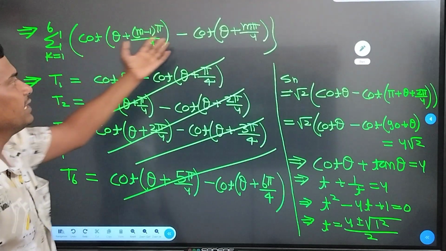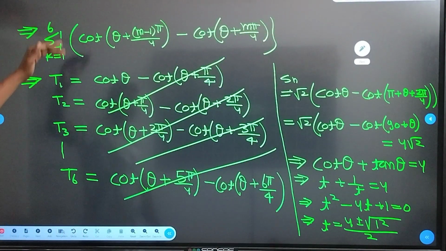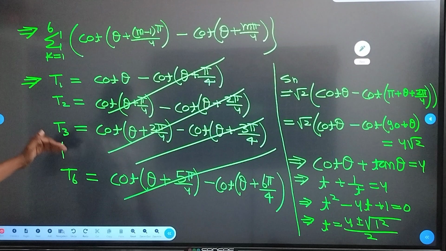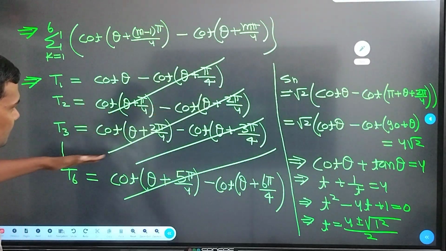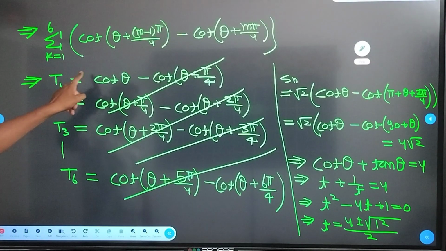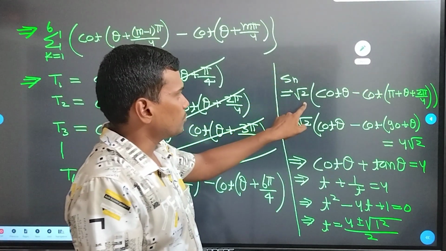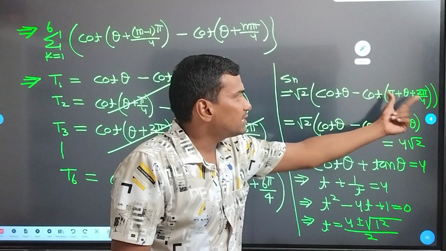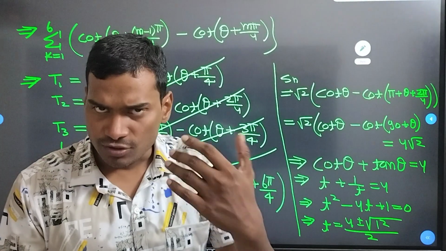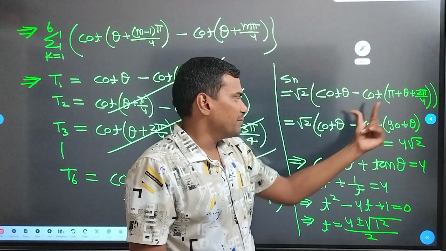After writing as the difference of 2, we are putting the value of k from 1 to 6. You can see t1, t2, t3, t4, t5, t6. All terms are getting cancelled. And now our summation is just cot theta minus this. So we are writing Sn equal to root 2 times cot theta minus this. This we are reducing: cot 180 plus theta, that is cot theta, and cot 90 plus theta will be minus tan theta.